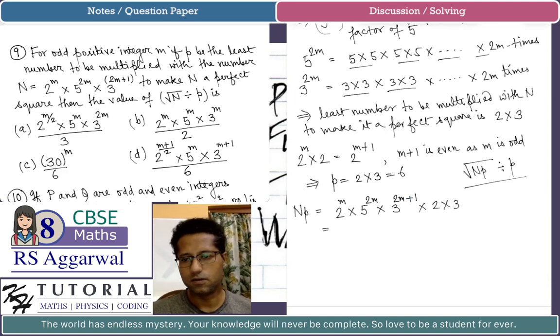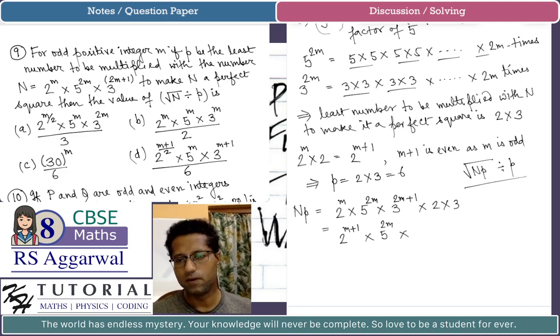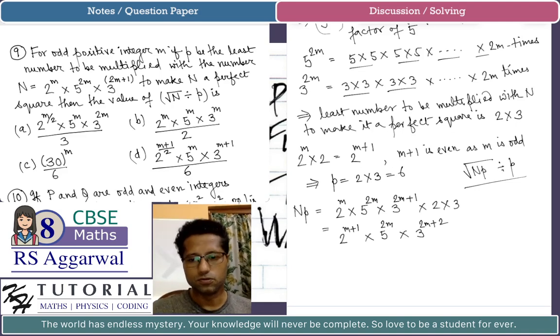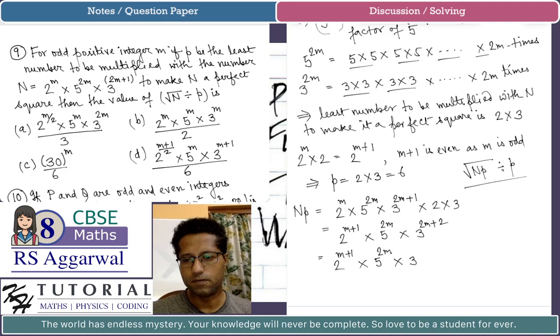Now if we merge the factors, we get 2 to the power m multiplied by 2 is 2 to the power m plus 1, and 5 remains 5 to the power 2m, and 3 to the power 2m plus 1 multiplied by 3 is 3 to the power 2m plus 2. So this is equal to 2 to the power m plus 1 multiplied by 5 to the power 2m and 3 to the power 2 into m plus 1.